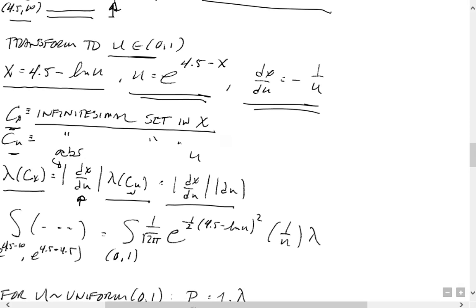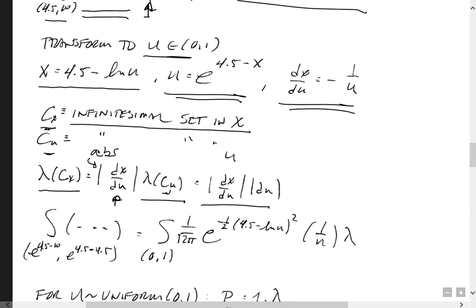So our integral becomes an integral from e to the 4.5 minus log u again. Put it up there, and down here it's e to the 4.5 minus 4.5. Which we can transfer over to be, this is minus infinity.